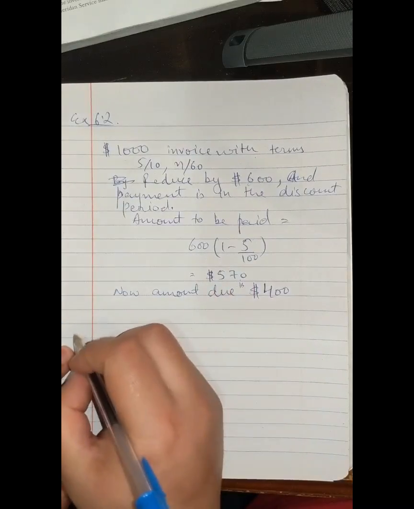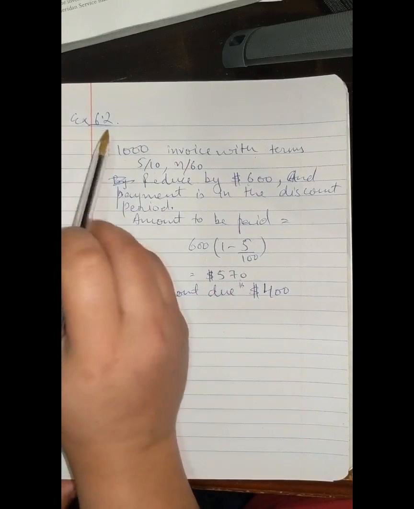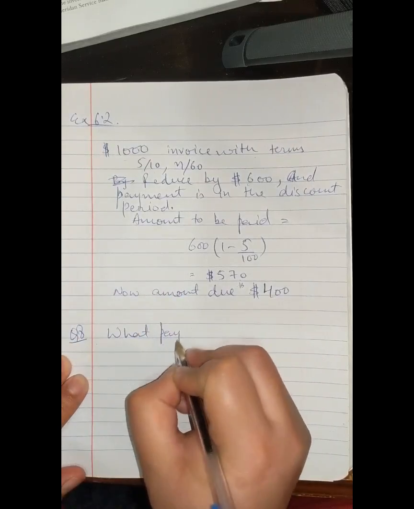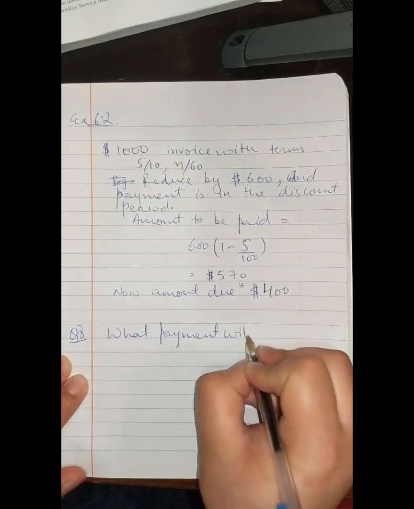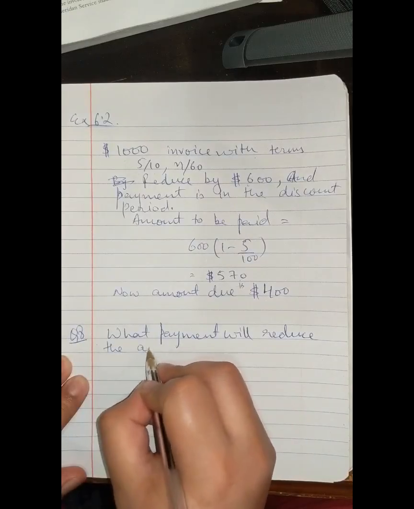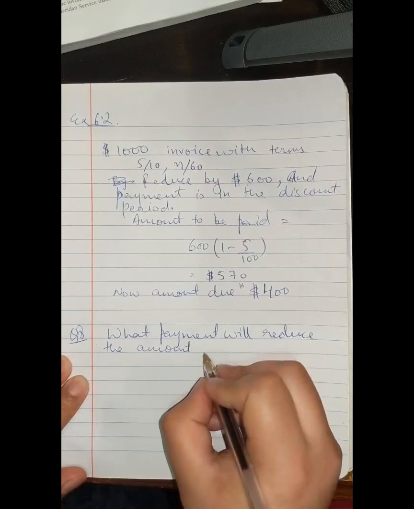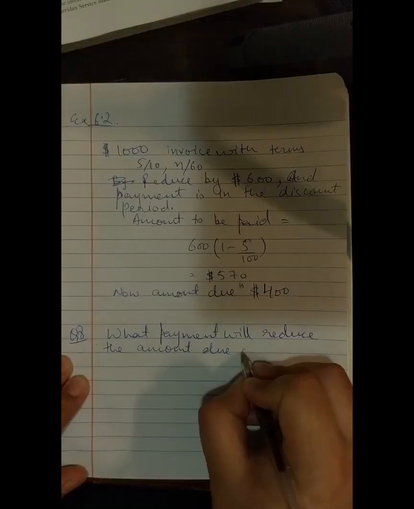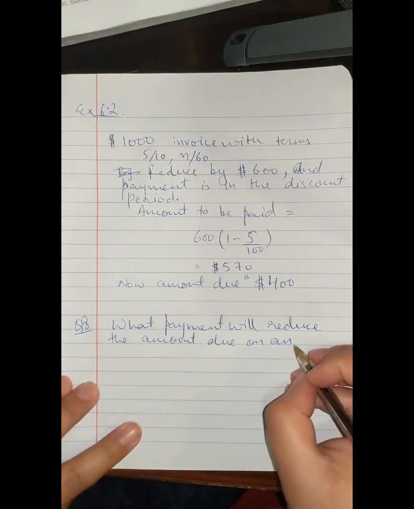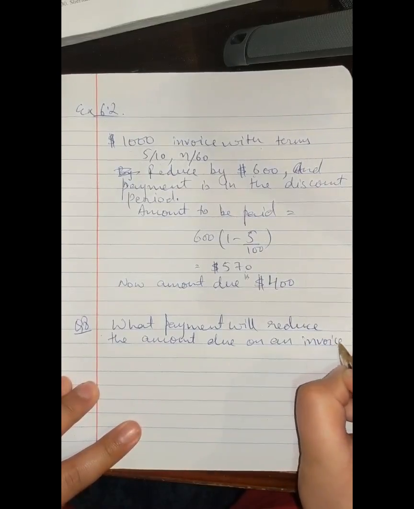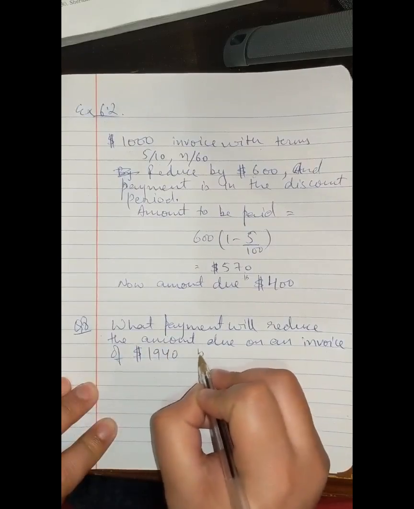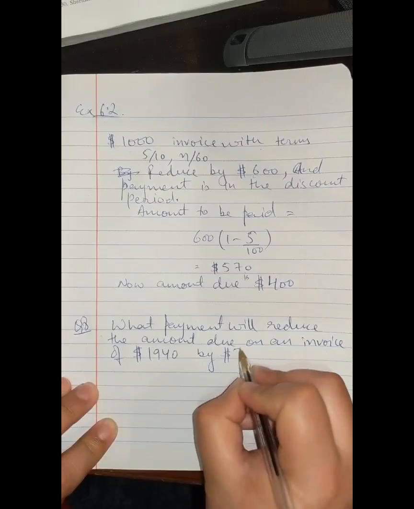Let's do a question. Question number 8 from exercise 6.2. What payment will reduce the amount due on an invoice of 1940 by $740?